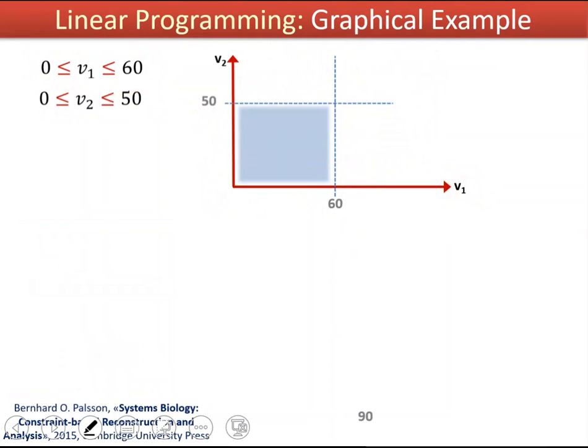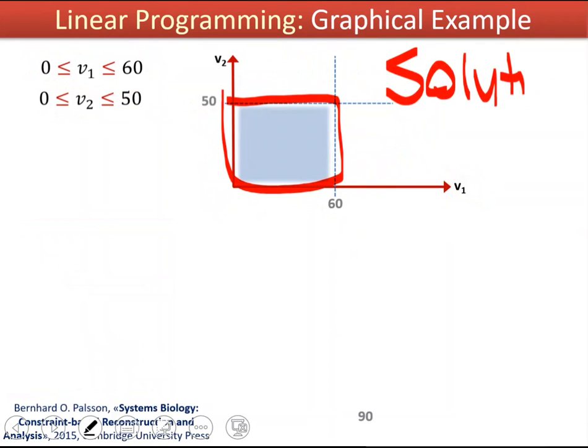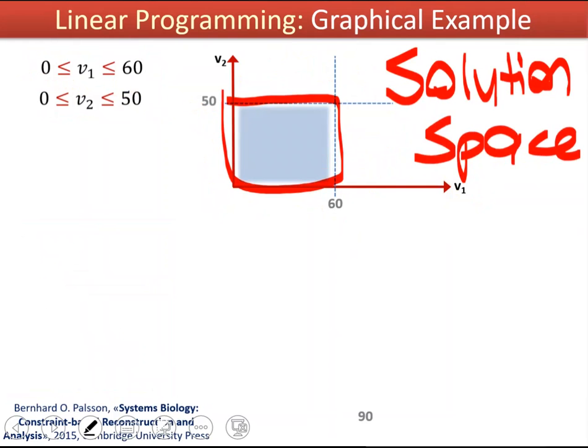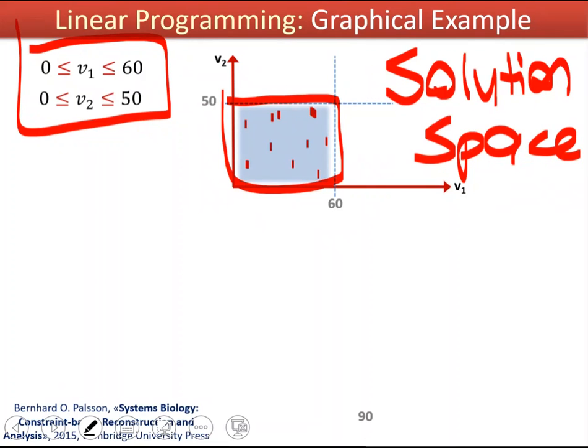So this is our current solution space. With those constraints, we don't have a single solution, but we have a solution space. So any point in this solution space holds our constraints.